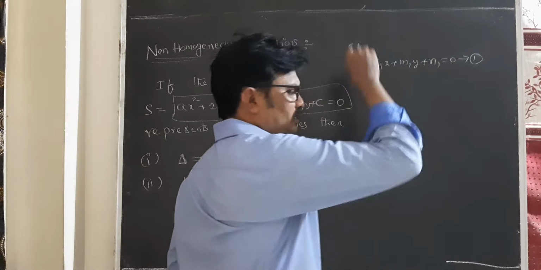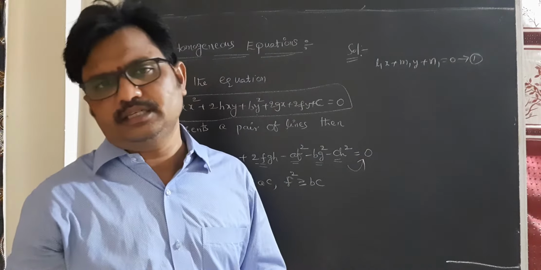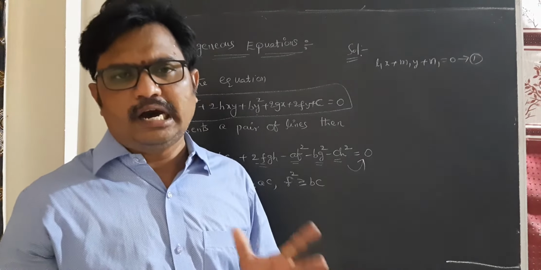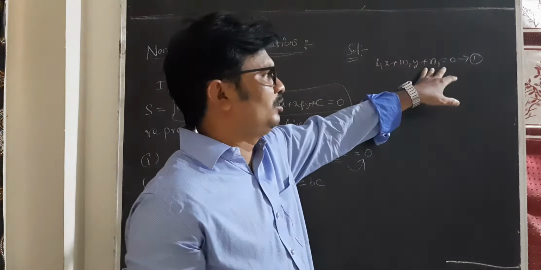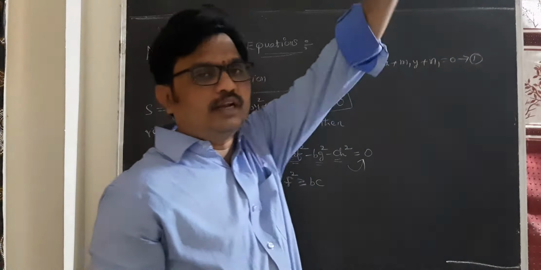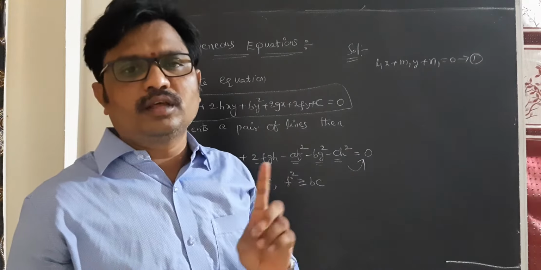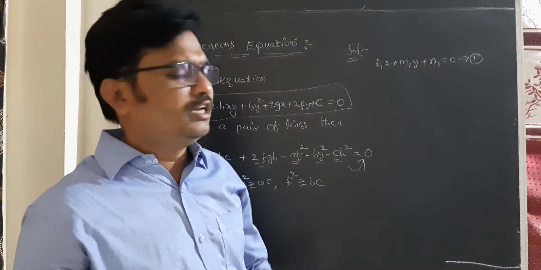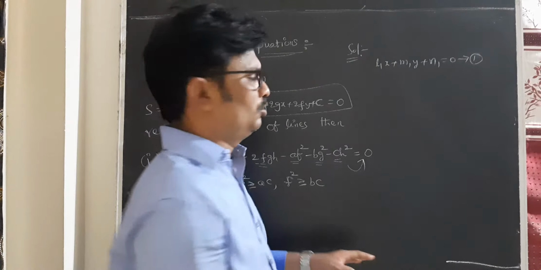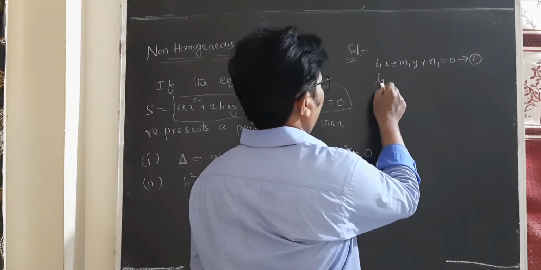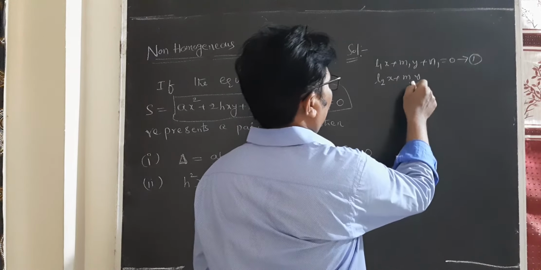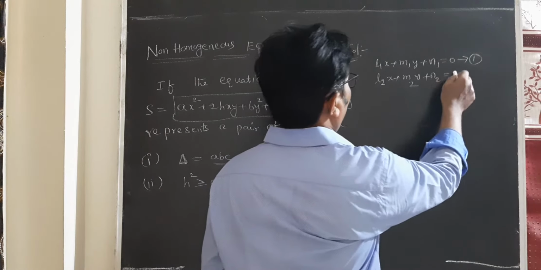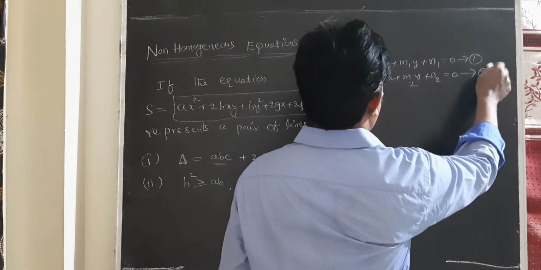In the last classes in the homogeneous section, undoubtedly we did not take N1, it was 0, since those lines pass through the origin. For the non-homogeneous equation, definitely we take the constant also. Right now students, the other line is L2x plus M2y plus N2 equal to 0. This is the second equation.